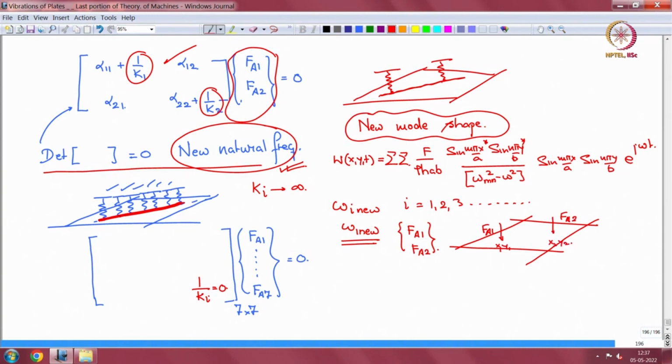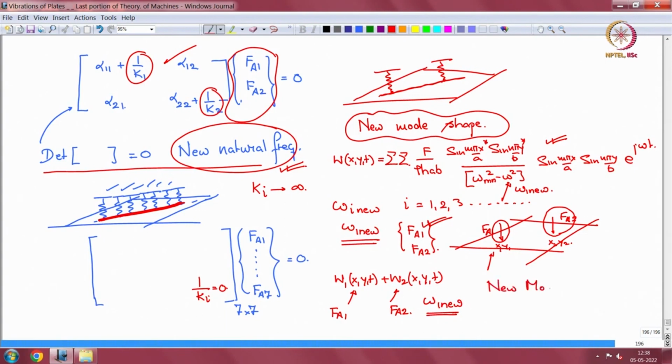So if I substitute omega 1 new here and find the response of the plate to a force Fa1 at x1 and add it to the response due to Fa2 at x2 y2, W1 x comma y comma t plus W2 x comma y comma t, this is the response due to Fa1, this is the response due to Fa2 at omega 1 new, and that is the new motion.